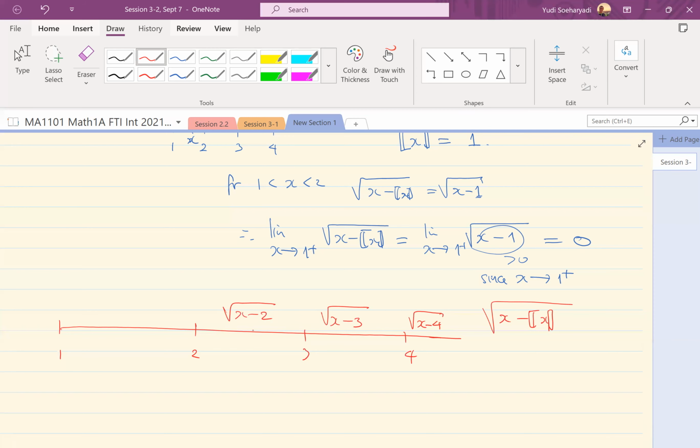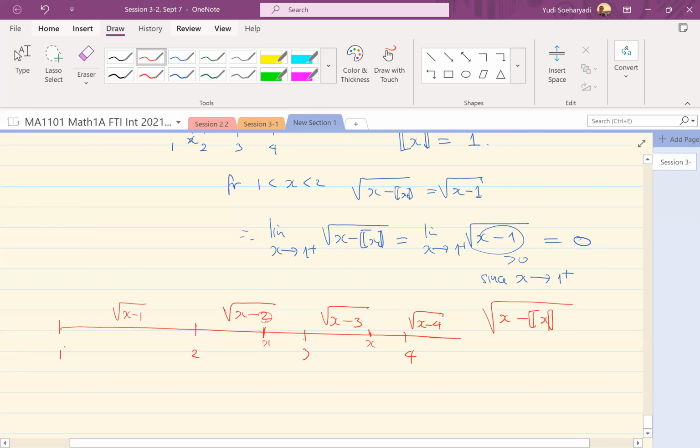All right, are you with me at this point? Yes, sir. Because this is just a round down of the number x here. This 3 is the round down floor of x here. And eventually you pass 2, then it becomes this.